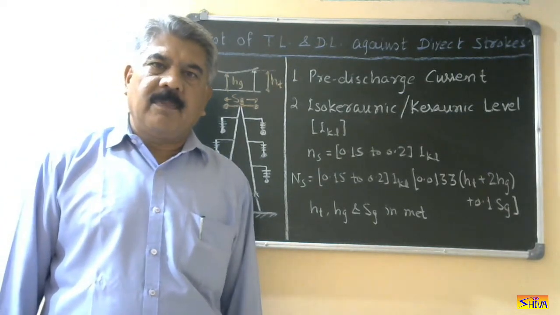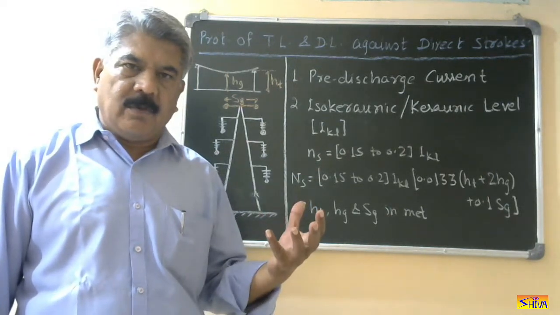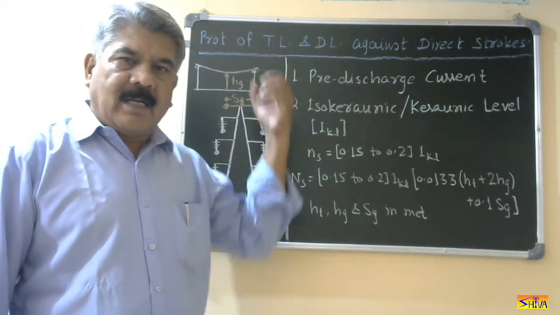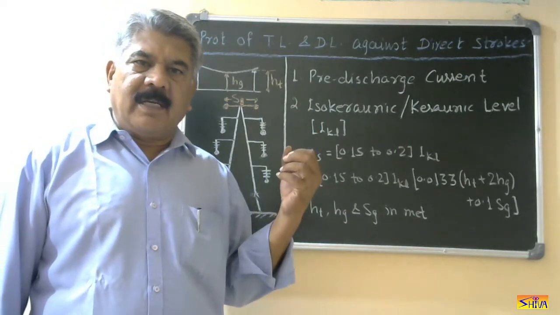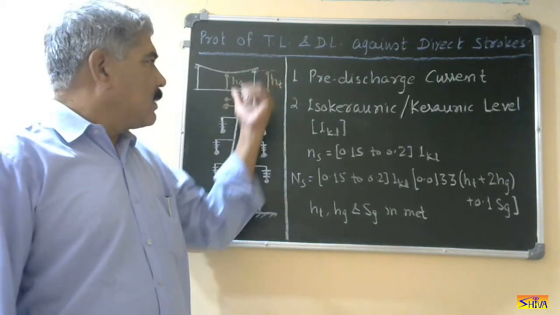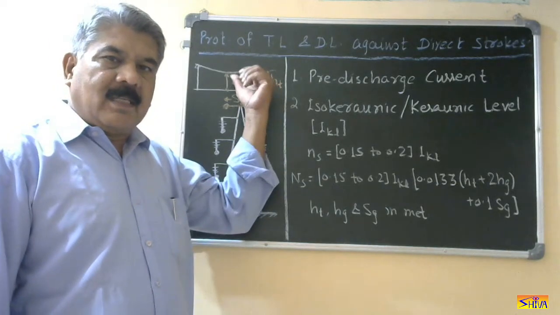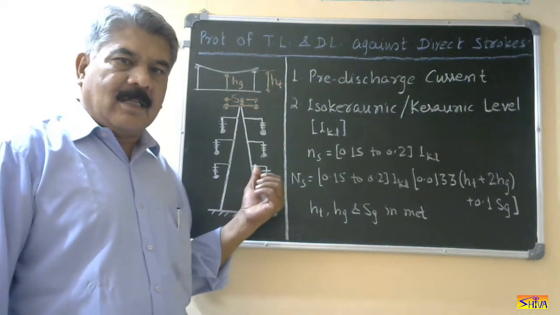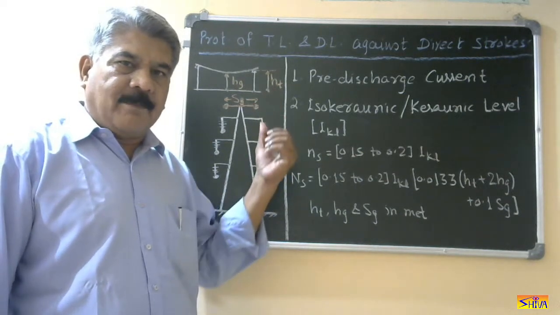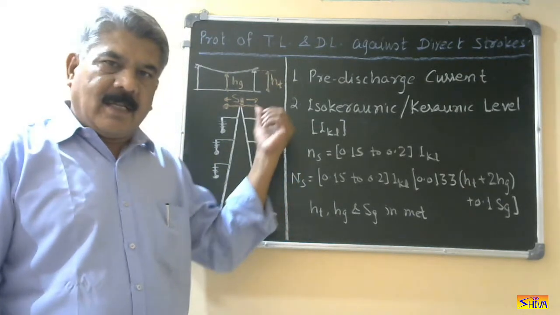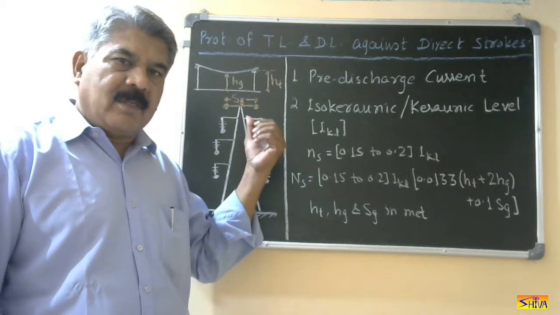If you recall the lightning phenomena, there is a cloud. Now suppose this cloud is above this tower, then from that cloud, a pilot leader, that is a channel, will be established towards this tower. So when this channel approaches this tower, a similar channel is established from the ground towards that channel, that is pilot conductor or pilot streamer.